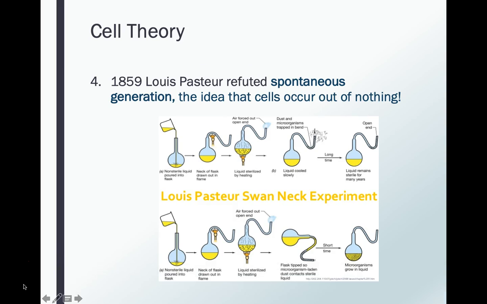In 1859, we have Louis Pasteur doing a lot of really important work. He was a very famous chemist, and he gave us a lot of important things. The thing he's probably most famous for is pasteurization, the process of heating up, usually a liquid, to high enough temperatures that it doesn't change the liquid itself, but does kill any bacteria or other living things in it.